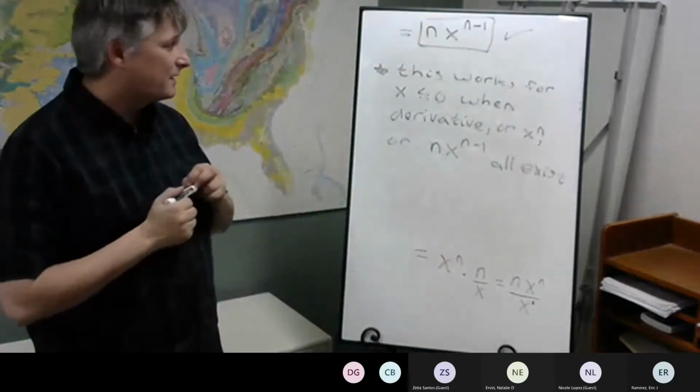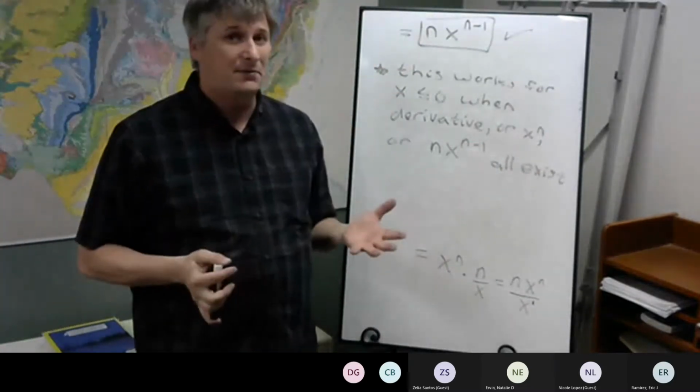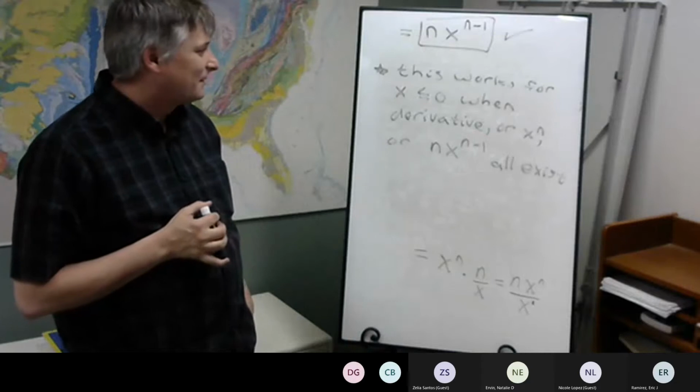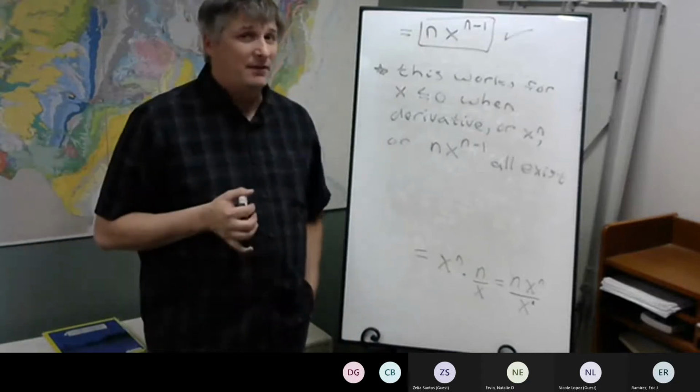So that's the note they have in the text, because we did this originally for x greater than 0. So any questions about that?